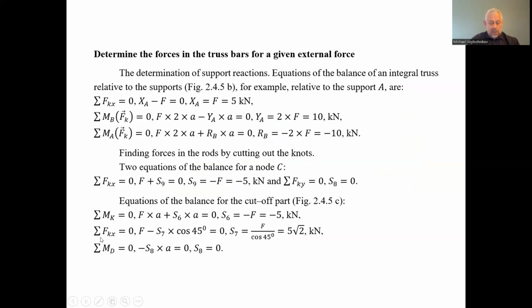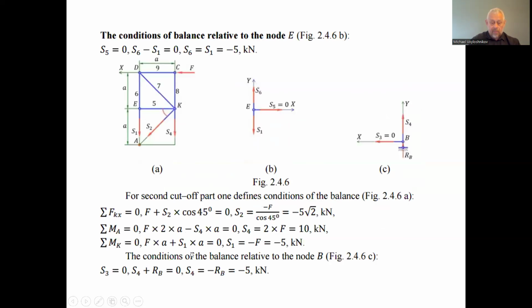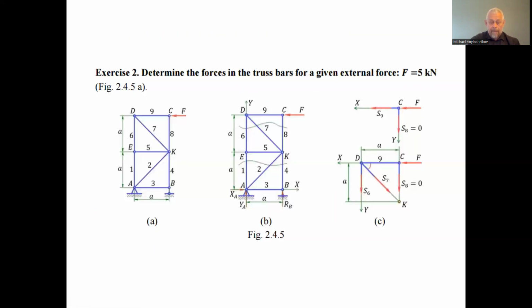After that, we consider the total of all forces on the abscissa axis X. We consider force S7 projection with the angle 45 degrees, because two sides of this rectangular segment of the truss are of the same size. So the two legs are A and A, and the angle between the diagonal and the side is 45 degrees.